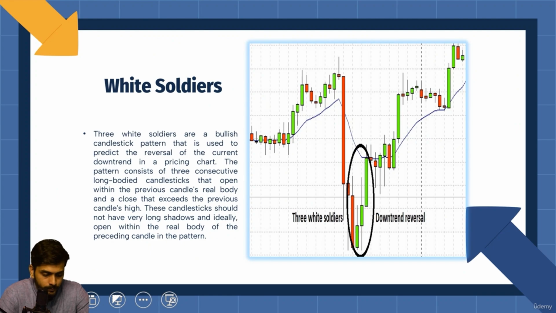And moving back to the slide, there is another candle formation that we call white soldiers. It is nothing but three bullish candles back to back, the highs of which are generally higher than the previous one. If you see the figure, it is 3 candles back to back, the highs of which are generally higher than the previous one.